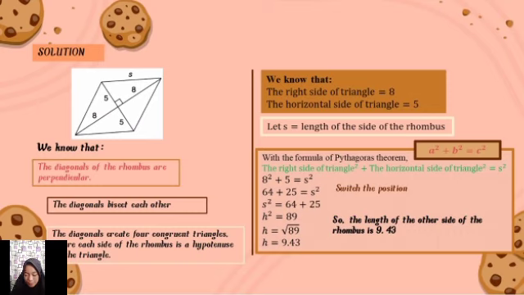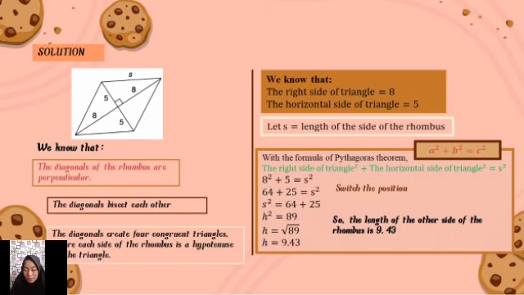So 64 plus 25 equals s squared. So s squared equals 64 plus 25, which is 89.